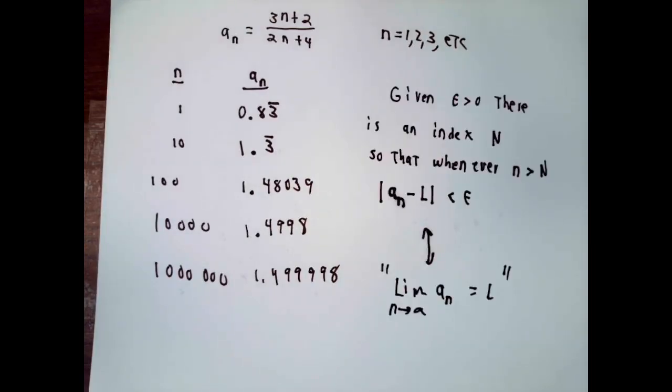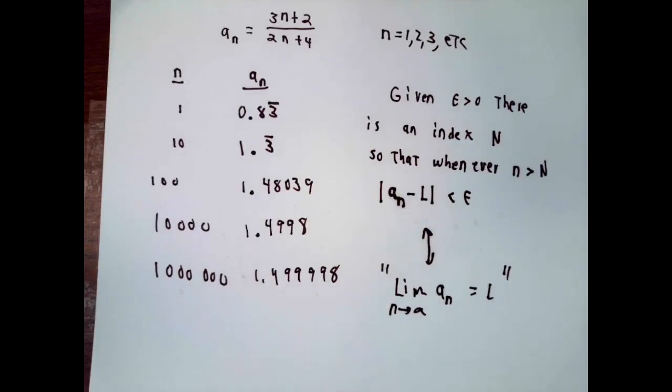Speaking a little bit more formally, given any positive number epsilon, there's going to be an index capital N, so that if the index on the a little n is larger than that capital N, then the difference between a sub n and L in absolute value is less than epsilon.